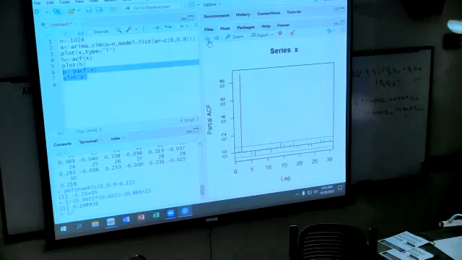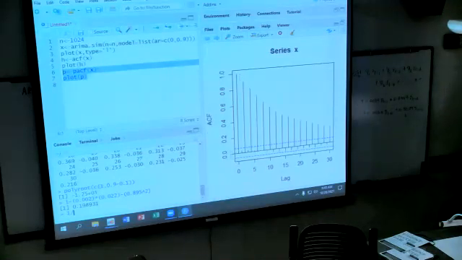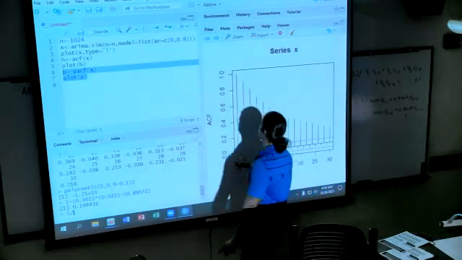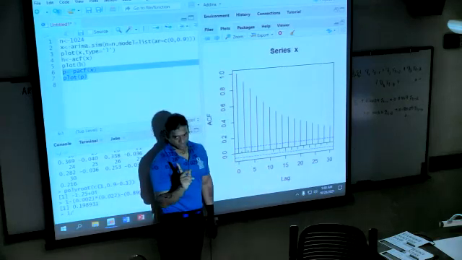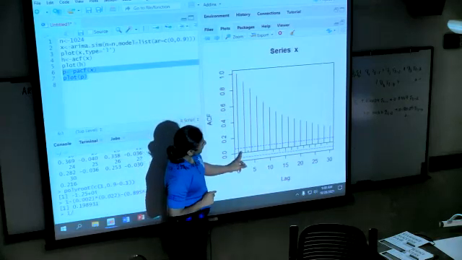So we need the ACF plot, and that is the ACF plot. That's just one, always. And that should be psi 1.